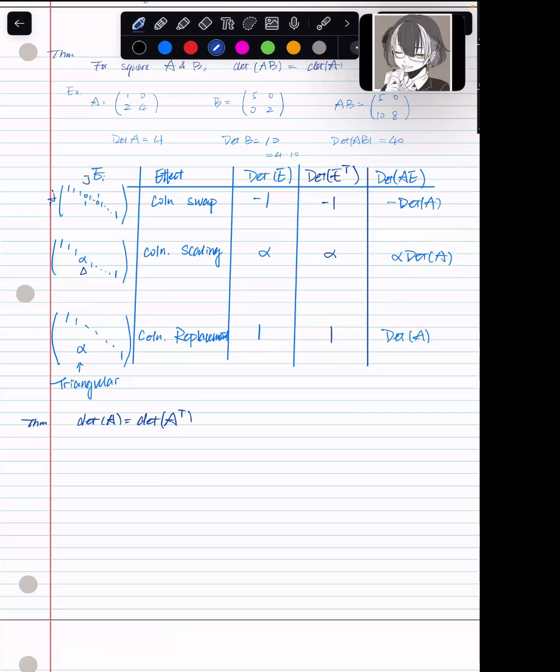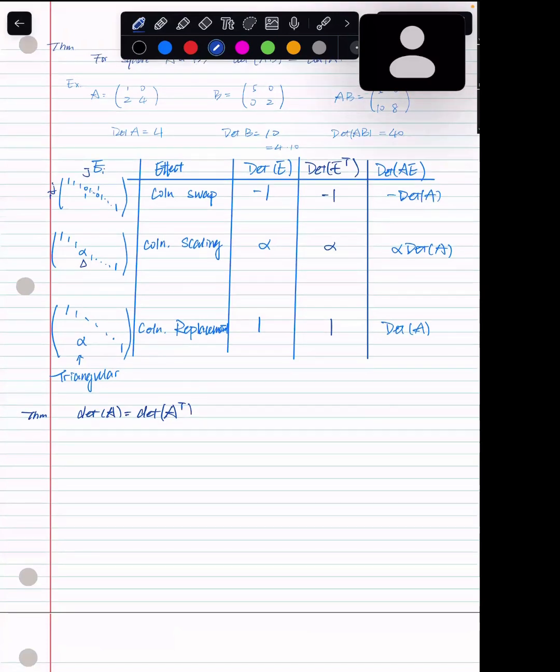Why would it just be alpha on the elementary matrix? Because the determinant of E means you're scaling it from 1 to alpha. So after the transpose, you're still doing the same thing, scaling it from 1 to alpha.